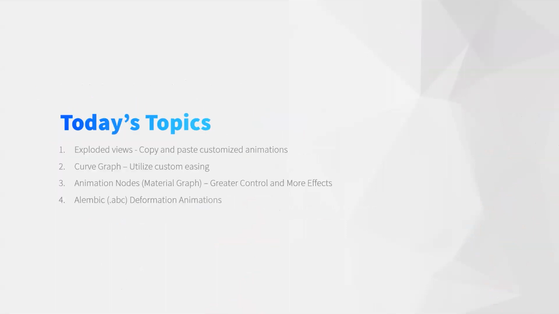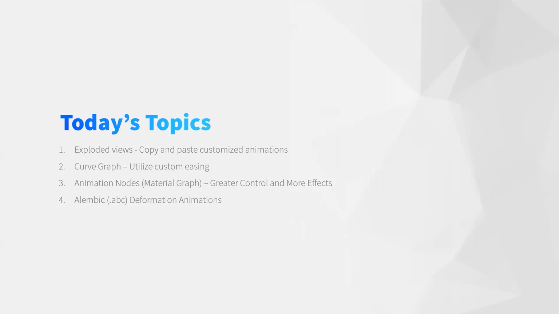Today's topics, there's really four main topics. We'll look at exploded views and copying and pasting those custom animations, and also grouping them together in folders to help clean up that timeline for you. We're looking at the curve graph a little bit deeper. I know Will touched on it a little bit. There are some really great features in there that might be able to help speed up some stuff for you. We're going to look at animation nodes that are in the material graph.